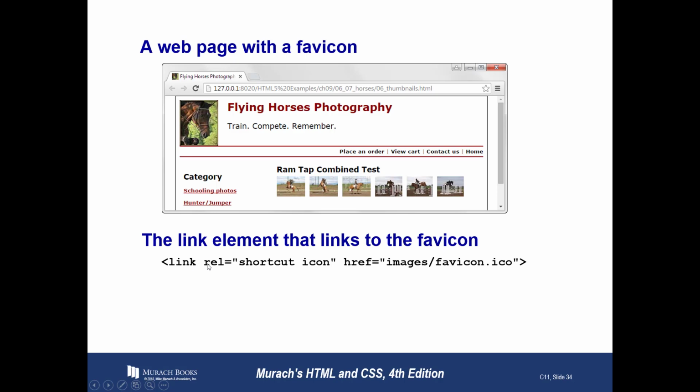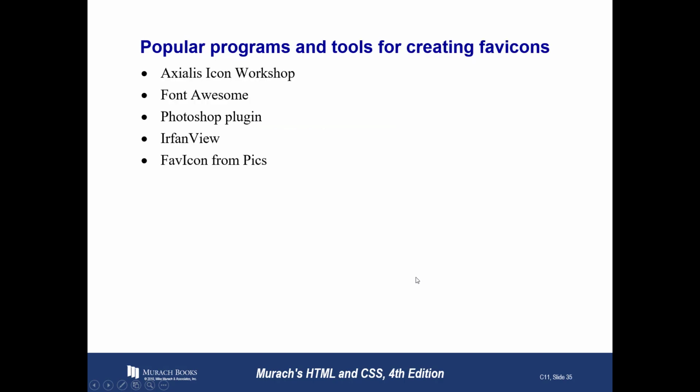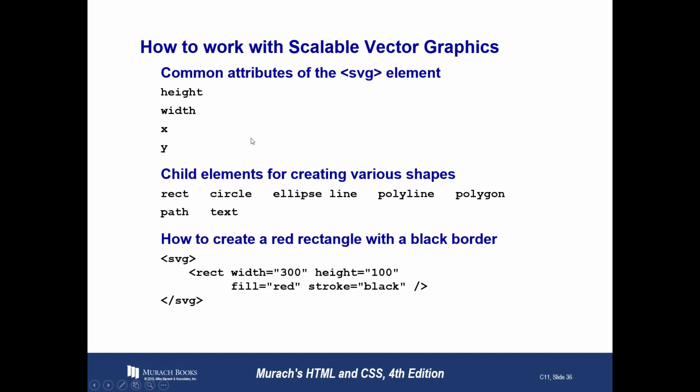You put it in as a link, rel equals, so the relationship is a shortcut icon, and the href, typically you put it in your images folder and you call your favicon, favicon.ico. All right. There are plenty of tools out there that you can use, some of which are free, to create your own favicons.